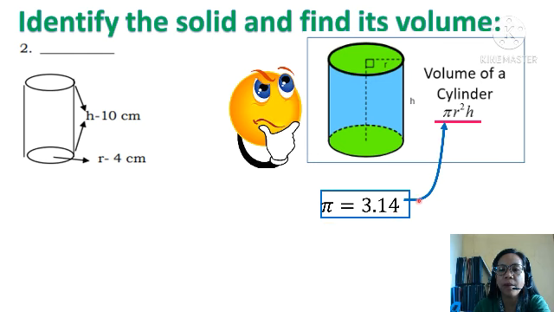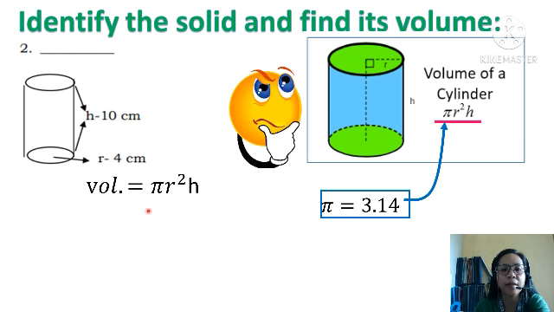Okay, let's try now to substitute the letters with the given data for cylinder. You have there the volume of cylinder equals pi radius squared times height. So, the volume is equals to the value of pi, sulat natin, which is 3.14 times radius squared.